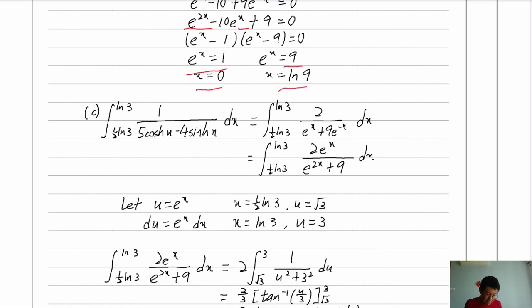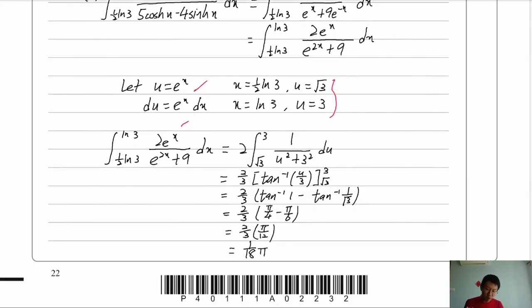So first, let u be e power x in this case. So we have du equal to e power x dx. And when we use the substitution, change the values of x to u. Our values for half ln 3 and ln 3 for x will become u equals root 3 and 3. So remember always to do this step.